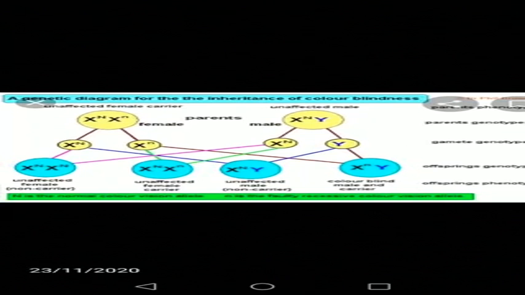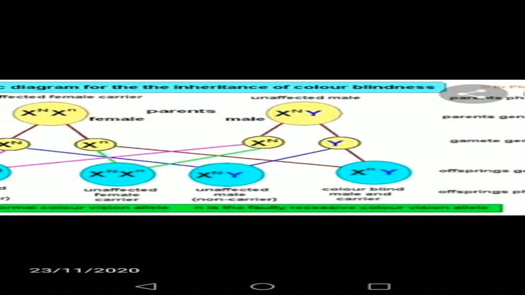In humans, the Y-linked or holandric gene causes hypertrichosis, which means excessive development of hair on the pinna of the ear. The person who has hypertrichosis will have more hair on the pinna of the ear.